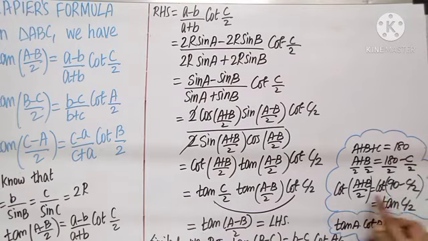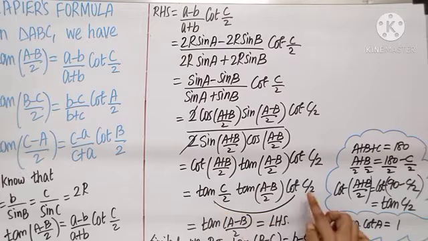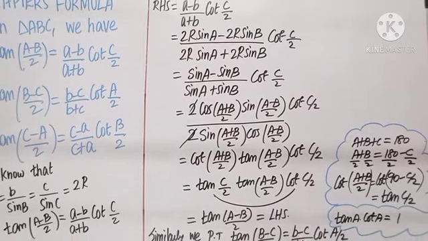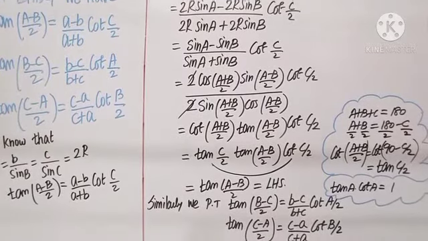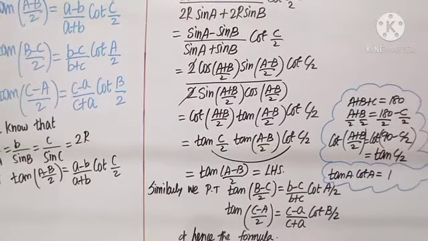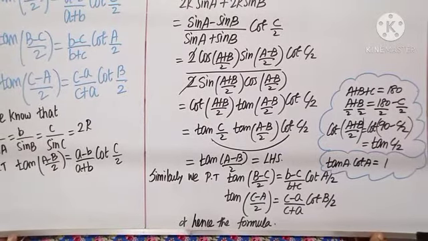Taking cot on both sides, I get tan C/2. Tan C/2 and cot C/2 we can cancel because they are reciprocals. Having cancelled these two, I arrive at the LHS. Similarly, we can prove the remaining two, and hence Napier's formula is proved.